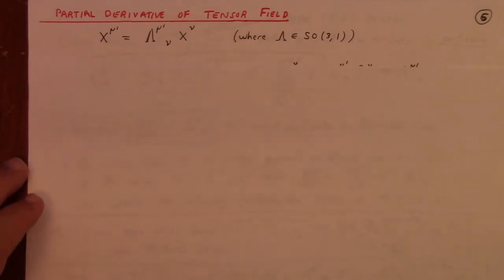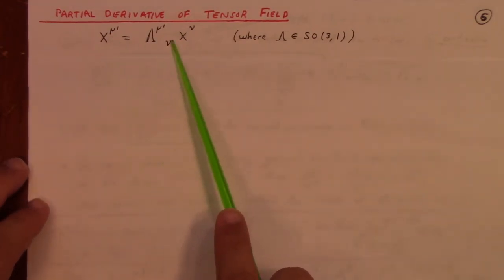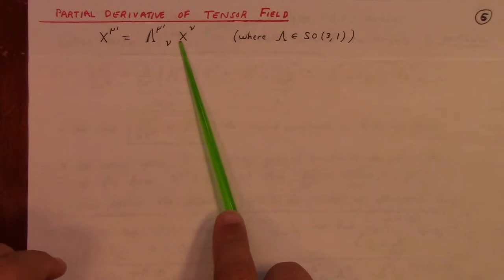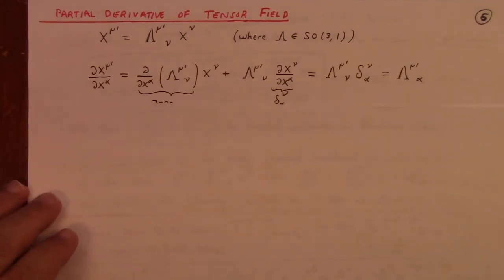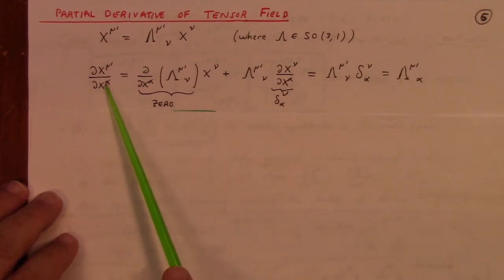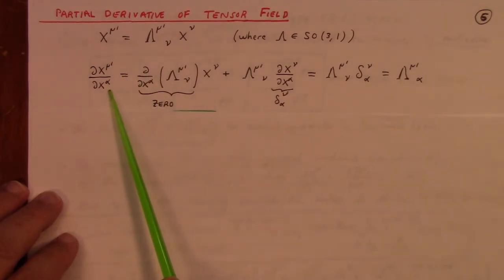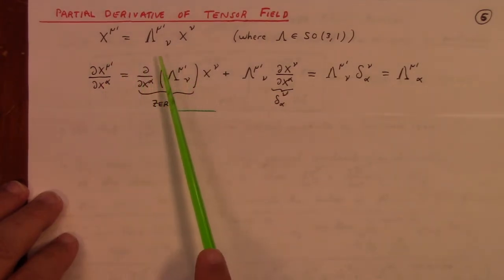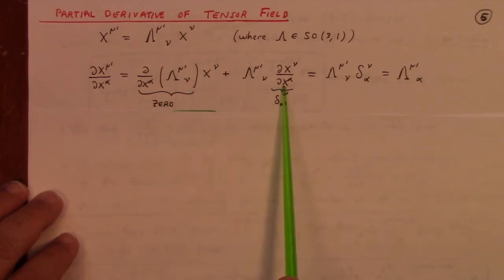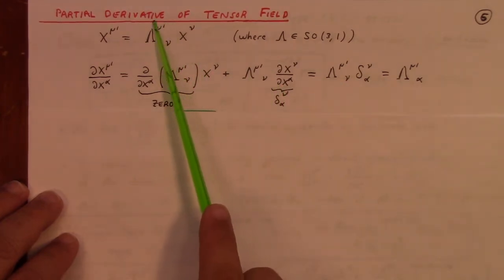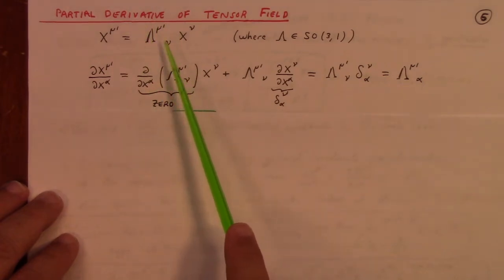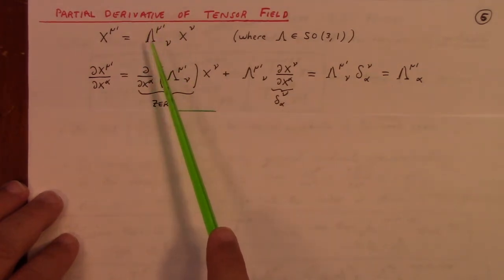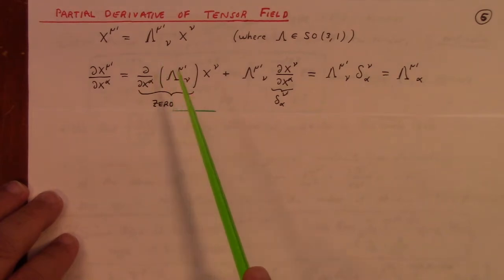So, if we have the following coordinate change rule, right? x mu prime is lambda mu prime nu x nu, all right? Then if you differentiate that with respect to x alpha, by the product rule in principle I'd have this and that. But in practice, since this is just a constant matrix for a Lorentz matrix, it has no dependence on coordinates, so that's 0.